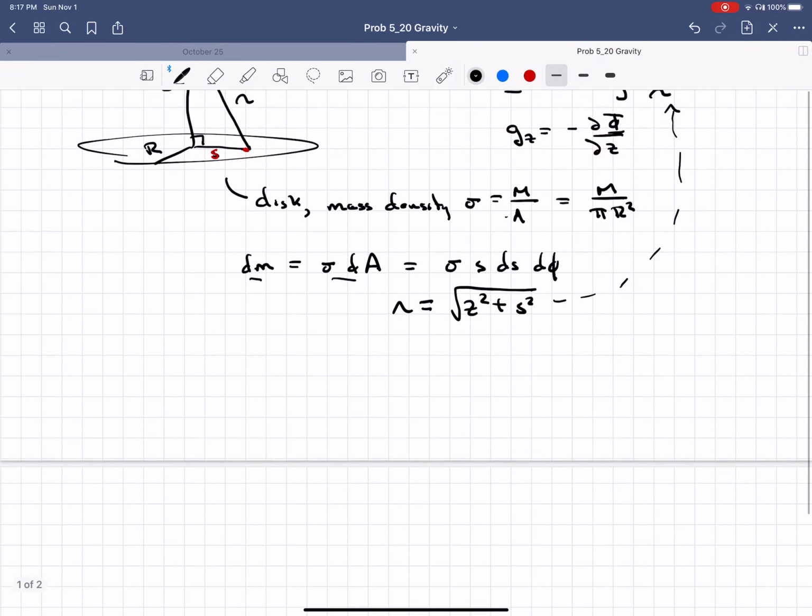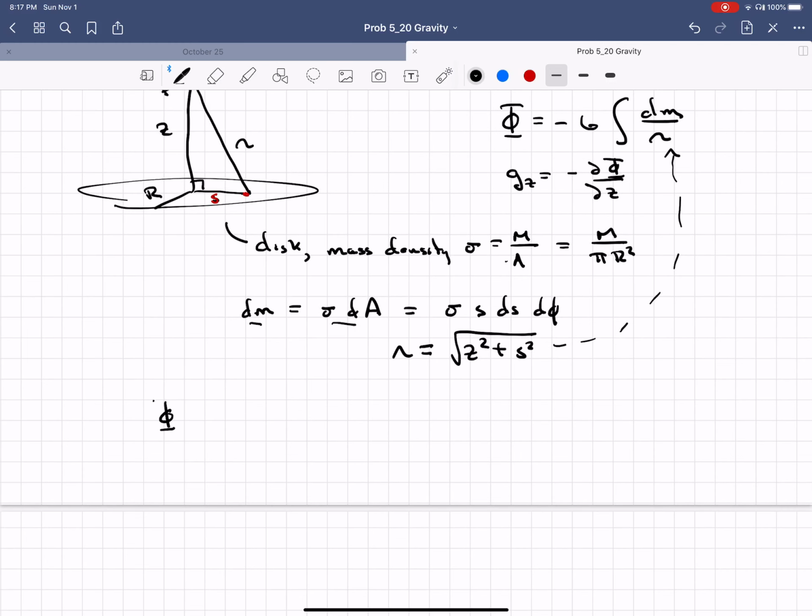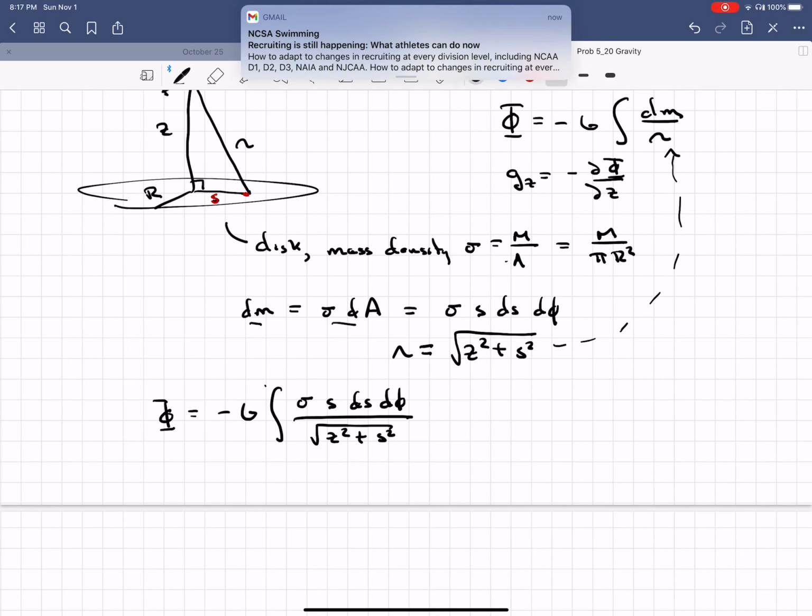And so our gravitational potential phi is minus G times the integral of sigma s ds d phi over the square root of z squared plus s squared. And so this is a double integral.